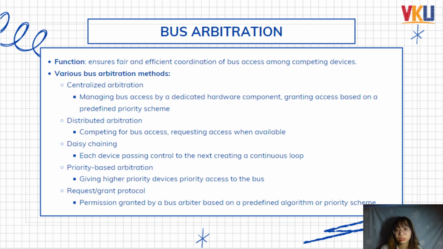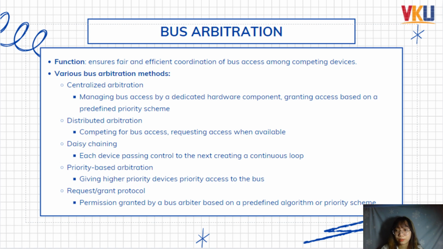And the last one is request or grant protocols, a protocol where the device or processor requests access to a bus, with the permission granted by the bus operator based on a predefined algorithm or priority scheme. So you can see that there are a lot of methods of bus arbitration.